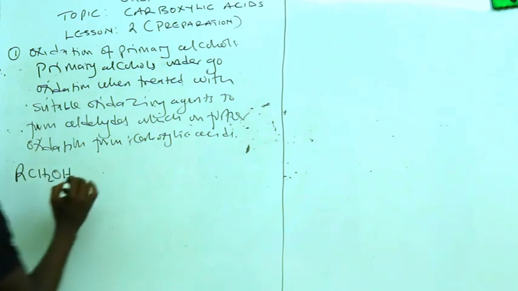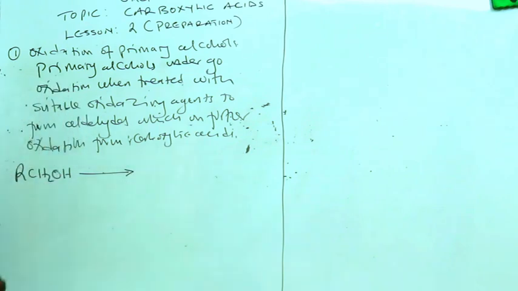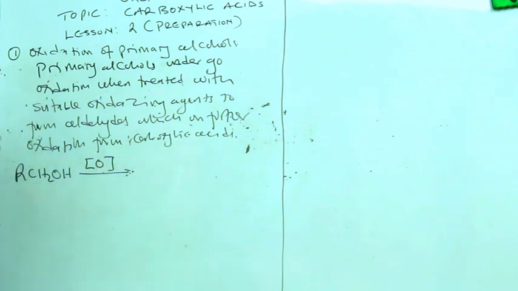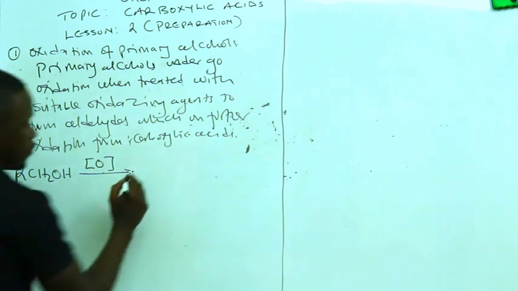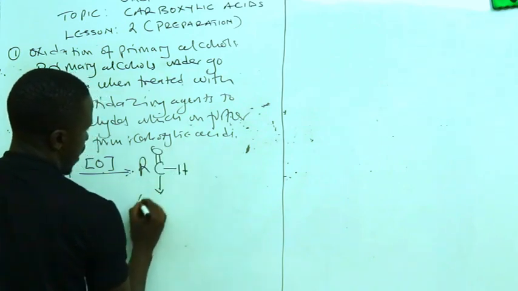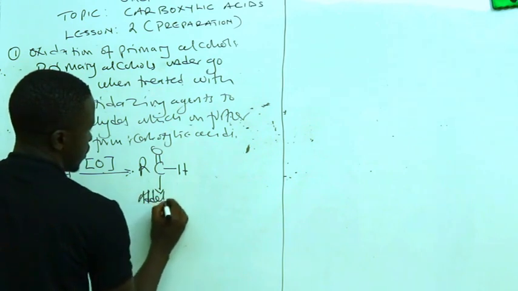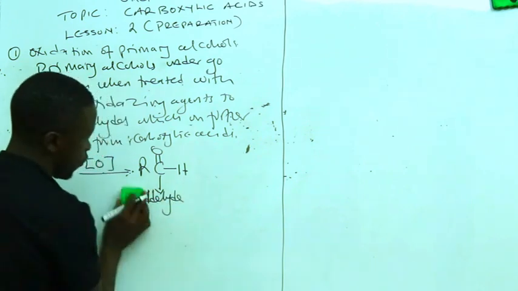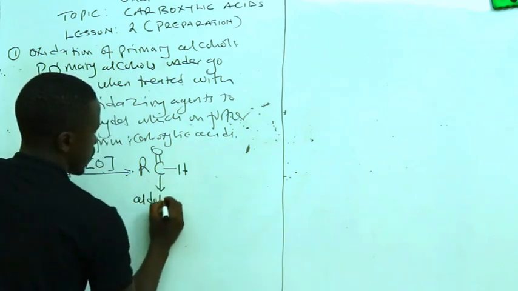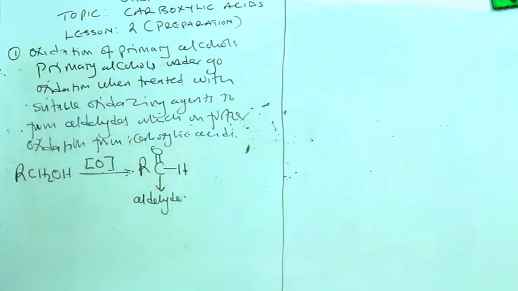That means if I had a primary alcohol and I introduce an oxidizing agent, I will symbolize that with letter O, an oxidizing agent. Then we can partially remove some of the hydrogen atoms from the carbon and one from the oxygen atom to form this, an aldehyde, formed after partially oxidizing the primary alcohol.